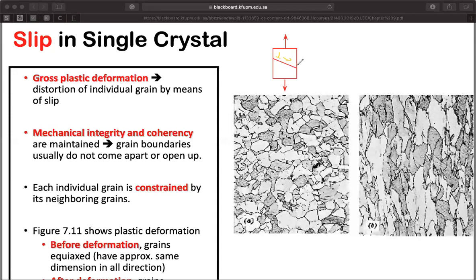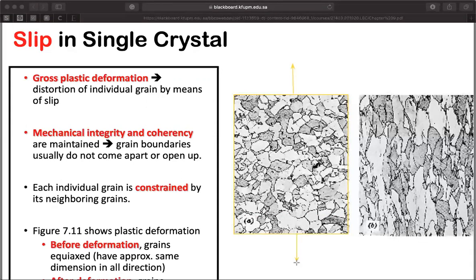So that plastic deformation is much easier if you compare it with polycrystalline material. Because when we deal with polycrystalline material, if this is a polycrystalline material and you are applying, let's say, a tensile load in a certain direction, what's going to happen?